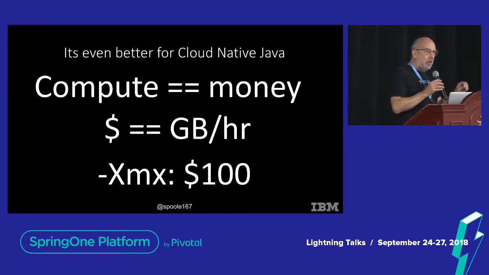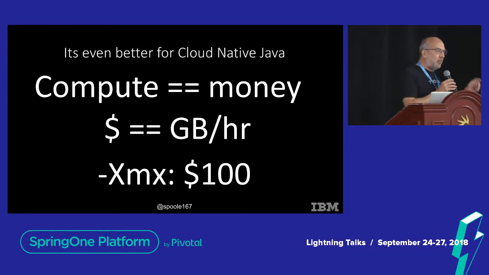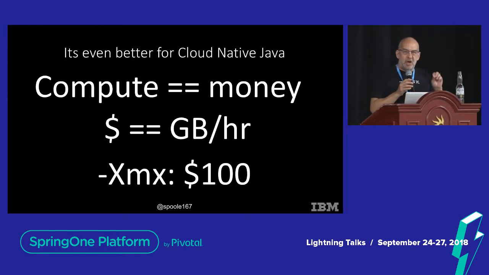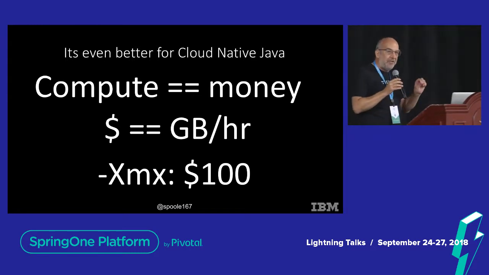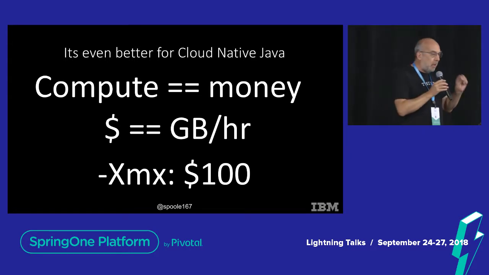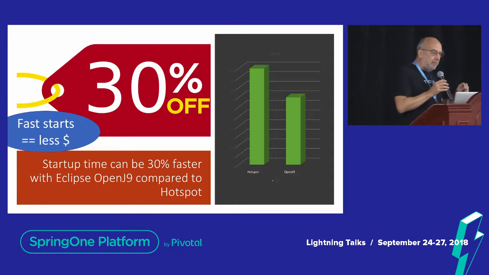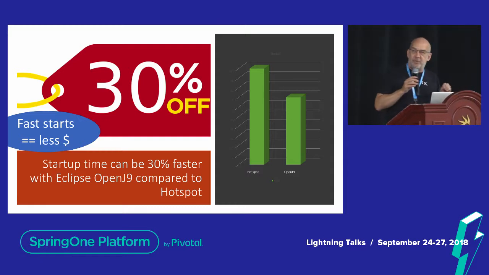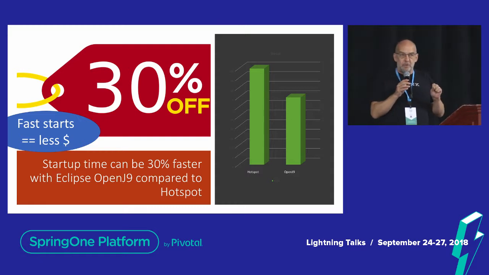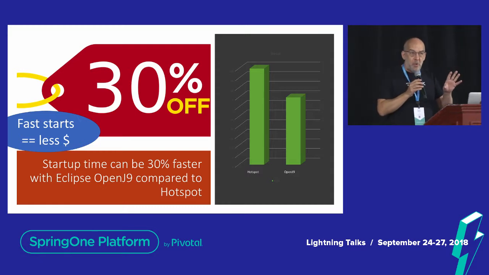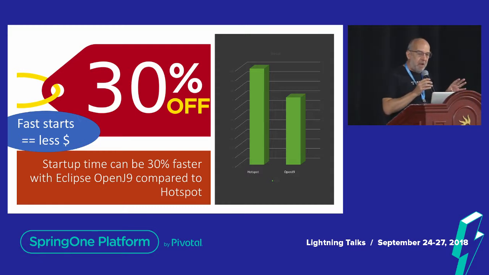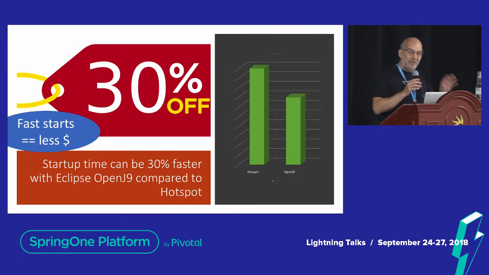In cloud, we really understand the relationship between compute and money. So Java developers understand that if they increase Xmx by a little bit, it costs them money. OpenJ9 helps you manage that, because out of the box you can get 30% faster startup over HotSpot. That saves you money, 30% out of the box.